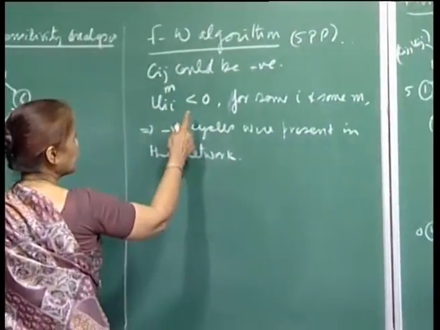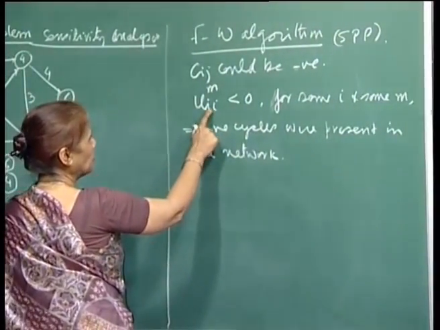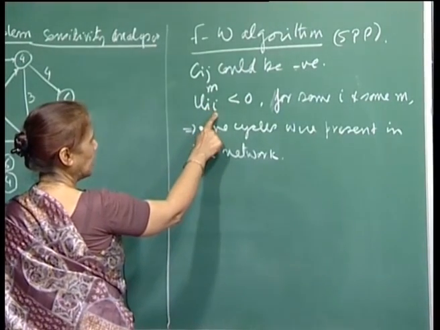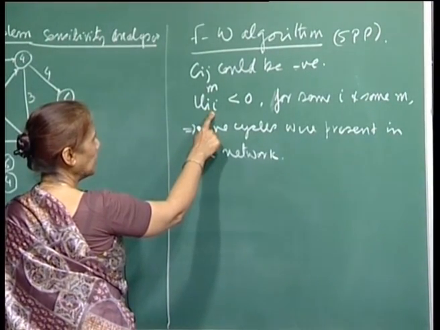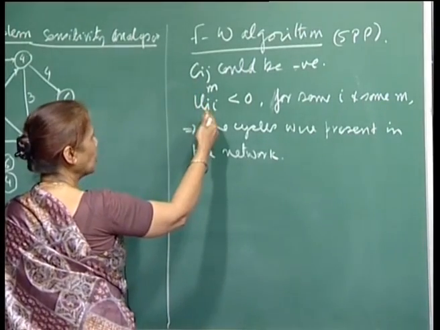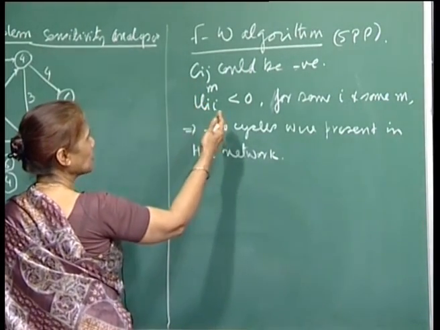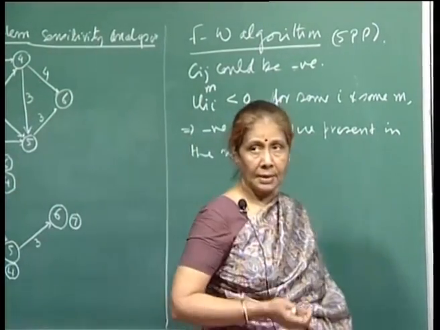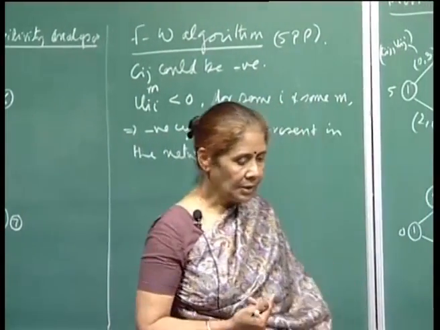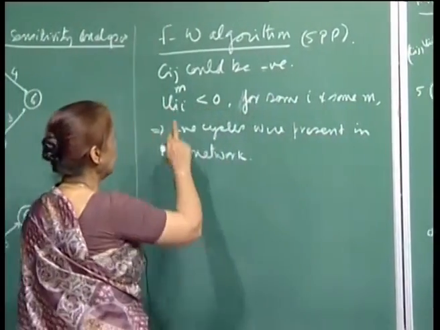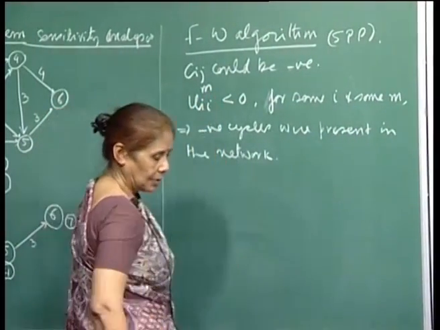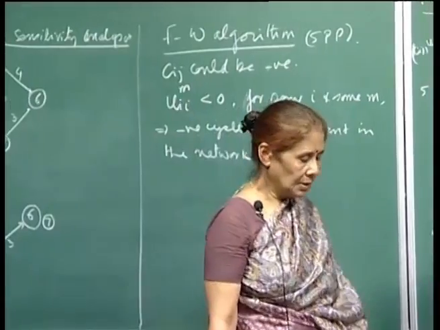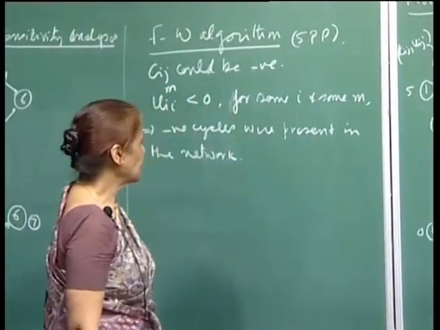And this simply said that for some node, that means the diagonal entry, because i to i, the path from i to i, including nodes from 1 to m minus 1, became less than 0, then you said that there is a negative cycle present. So, this will happen for some i and some m up to n plus 1, because that is the number of iterations for the Floyd-Warshall algorithm.